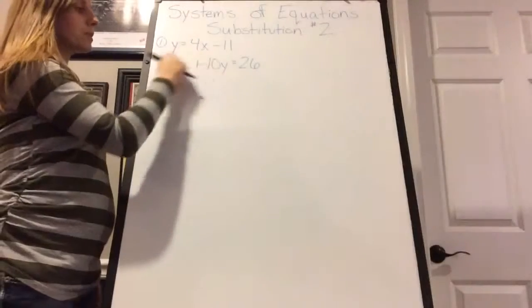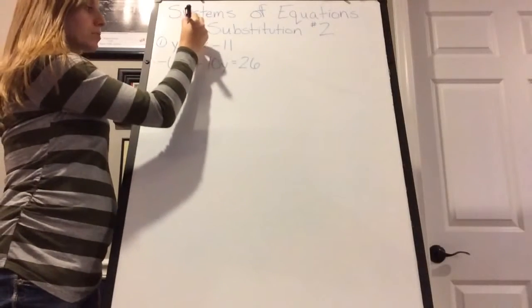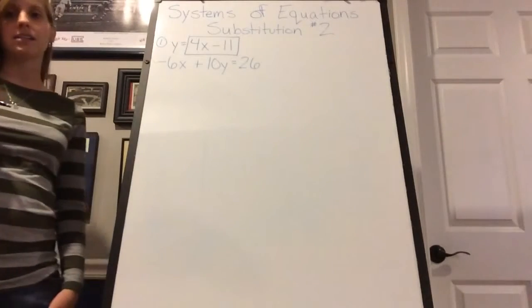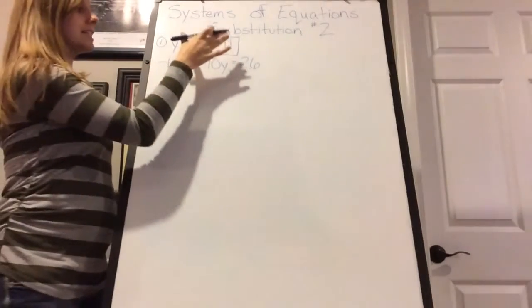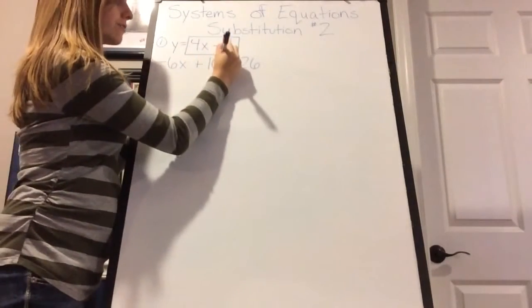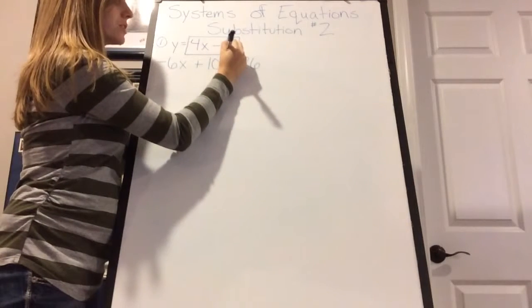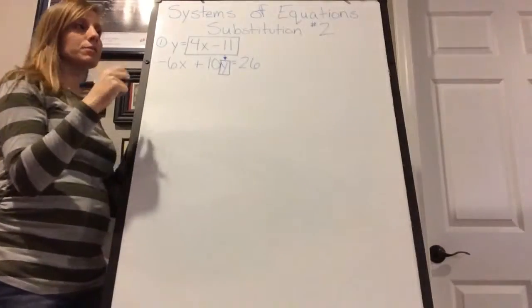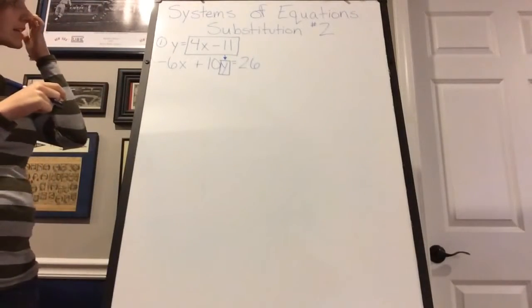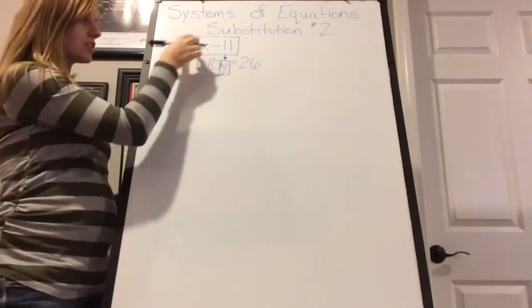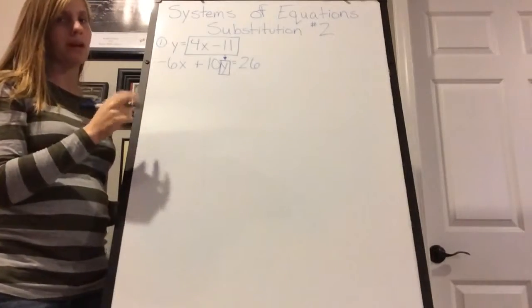So our first one is solved for y, which is telling us what y is equal to. All of that, the 4x minus 11. So we're going to take that and plug that in for y in the second equation. Now the way this is going to look different, again from our last lesson, is that y is now in the middle of the equation, not just at the beginning like it was before.